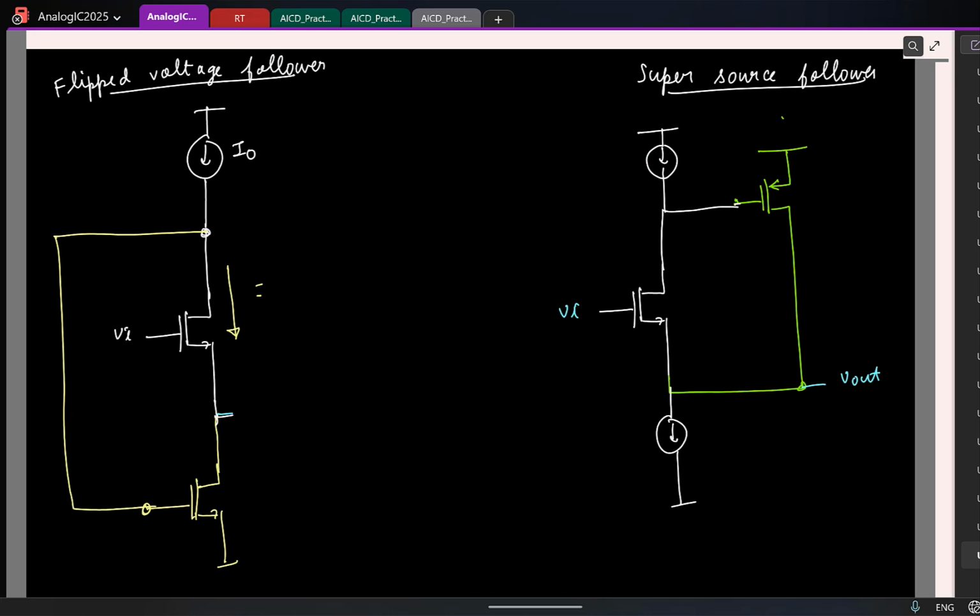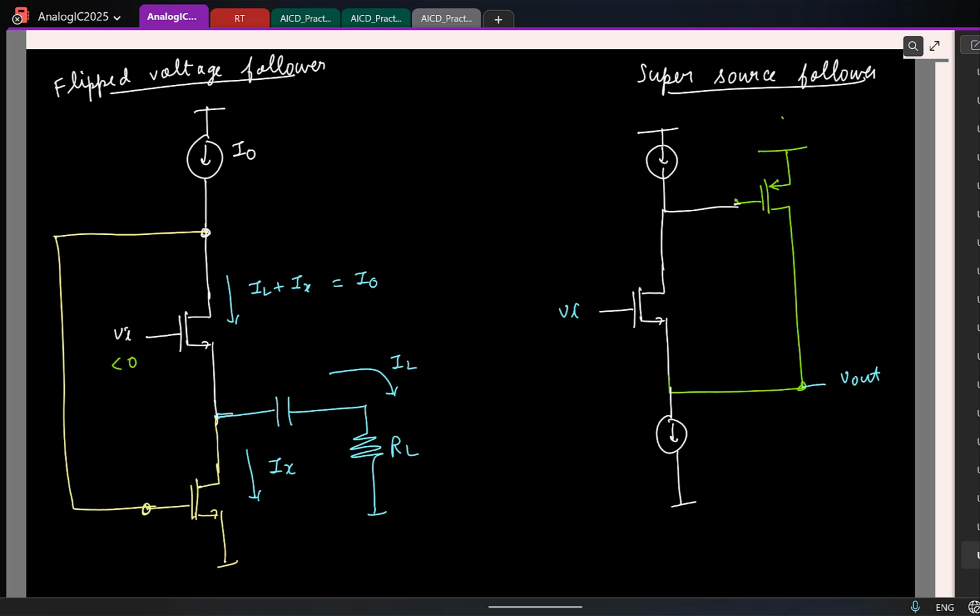If you want to know the difference, let me show this once. Let us say this is my load RL, this is my load current IL, and this was my current IX, so this was IL plus IX, which is set equal to I0. Now let us say my small signal input voltage is less than 0.